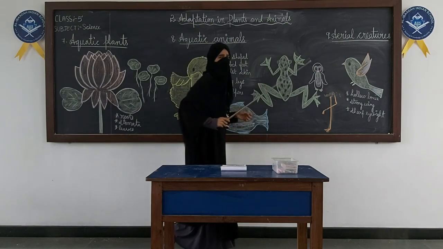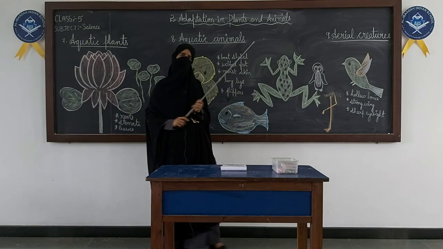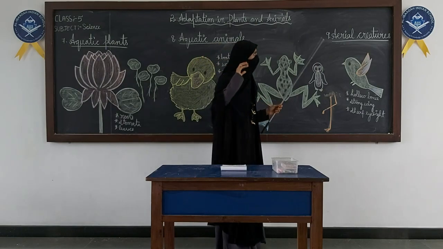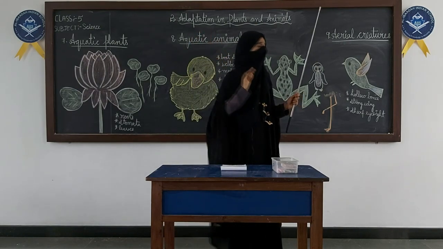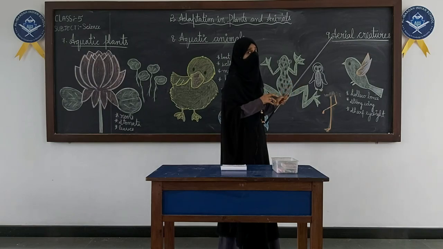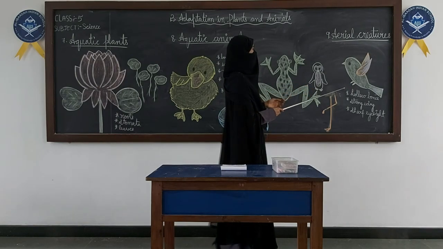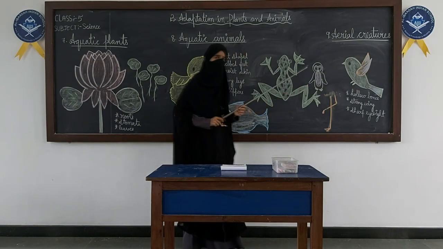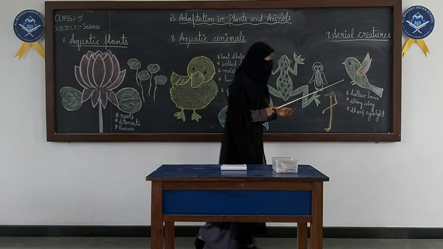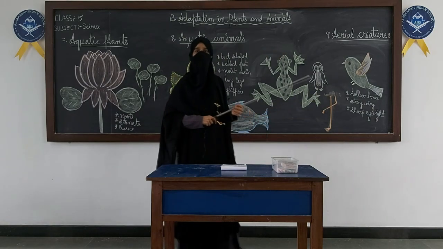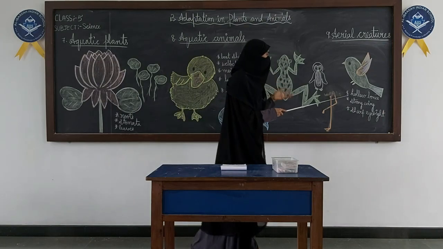Now, aerial creatures. Aerial creatures are those creatures which fly in the air. Aerial creatures like birds. We'll discuss the features of birds. Birds have hollow bones.